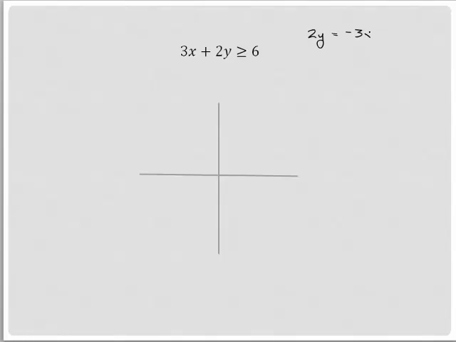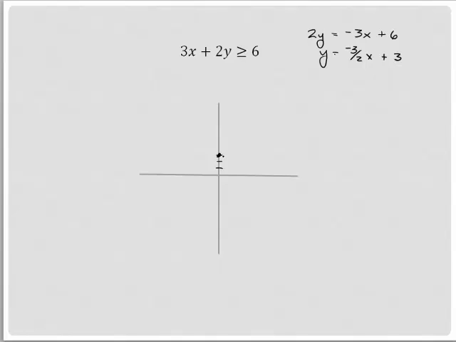Negative 3x plus 6, and y equals negative 3/2 x plus 3. Now again, this is your rise over your run. So you're going to go down 3 to the right 2. Our connection point is 3. Our y-intercept, 1, 2, 3.